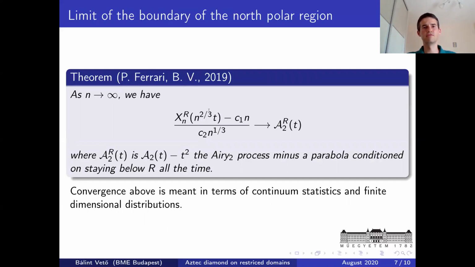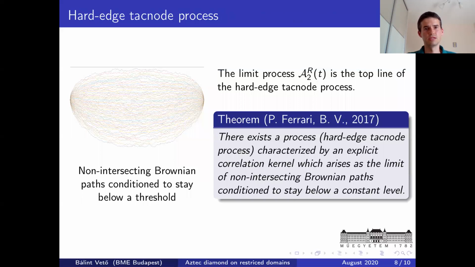And our theorem is that if we rescale it in the same way as Johansson did, then there is a convergence to a certain non-trivial process, that is the Airy2 process minus parabola, conditioned to stay below a constant level r for all times. And we have a convergence in terms of the continuum statistics, which means probabilities of staying below certain given curves, and also in terms of finite dimensional distributions.